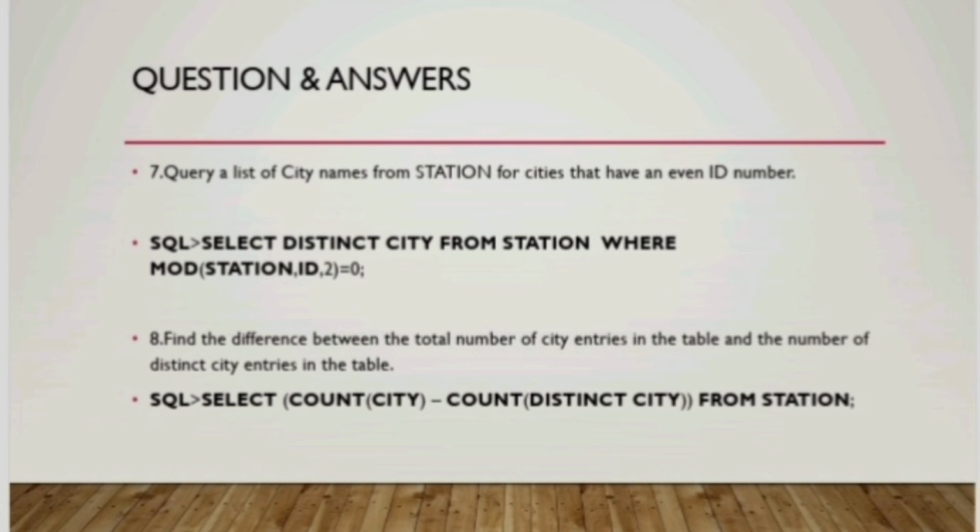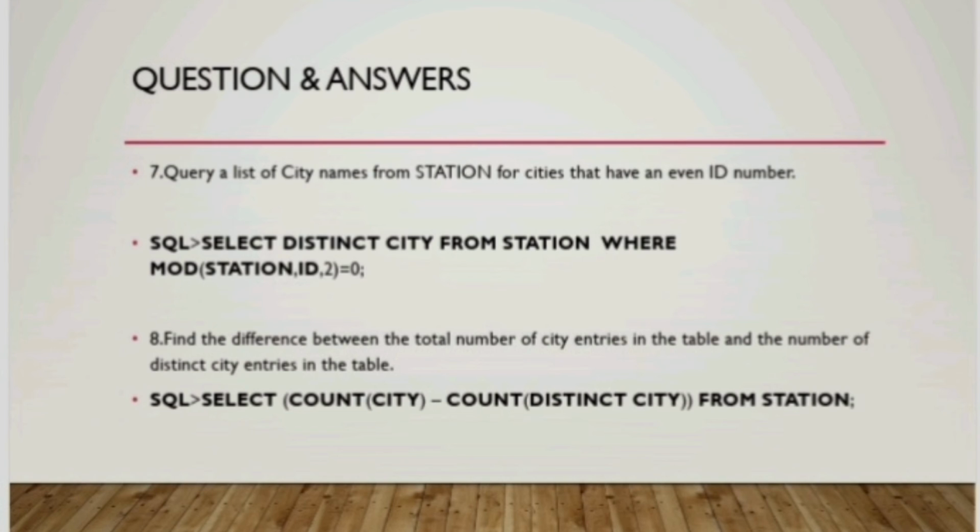Select distinct city from station where mod of station ID, 2 equal to 0. Why do we take this mod? Mod function will return the remainder. Any number ID divided by 2 and the remainder is 0 is an even ID.